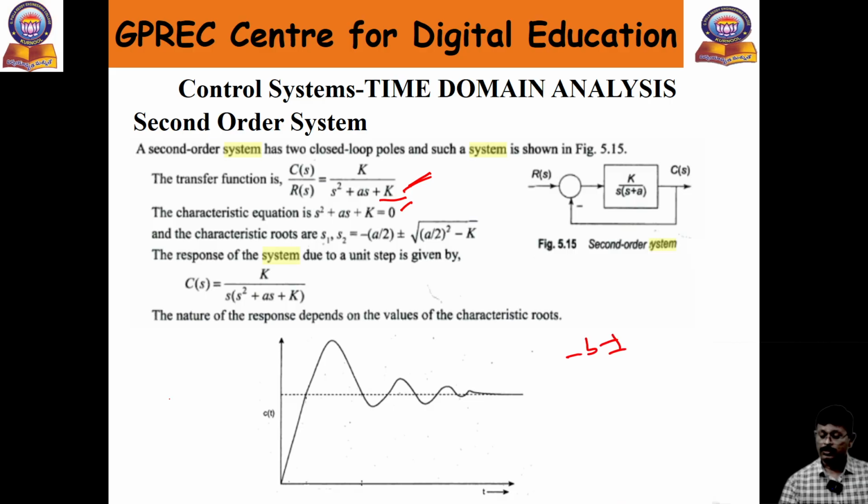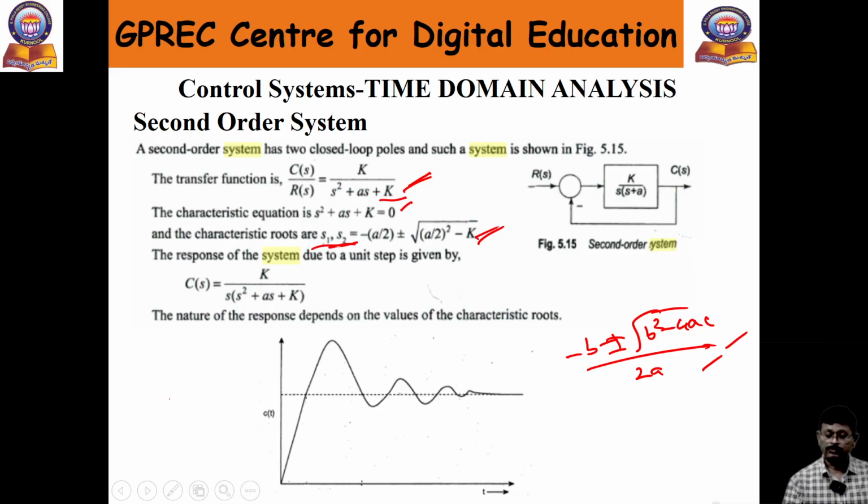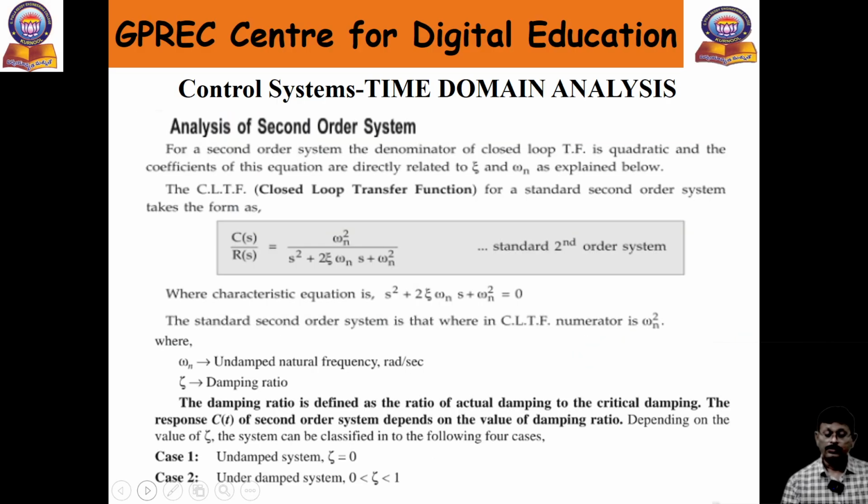Minus b plus or minus root of b square minus 4ac divided by 2a. So using this equation you can find the roots s1, s2. Then the analysis of second order system.